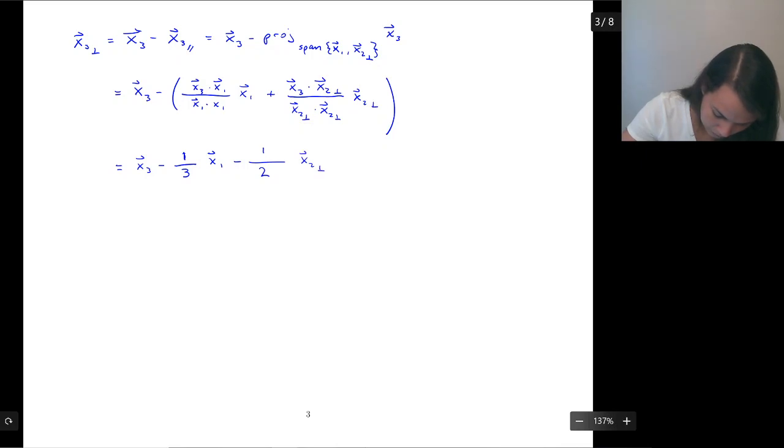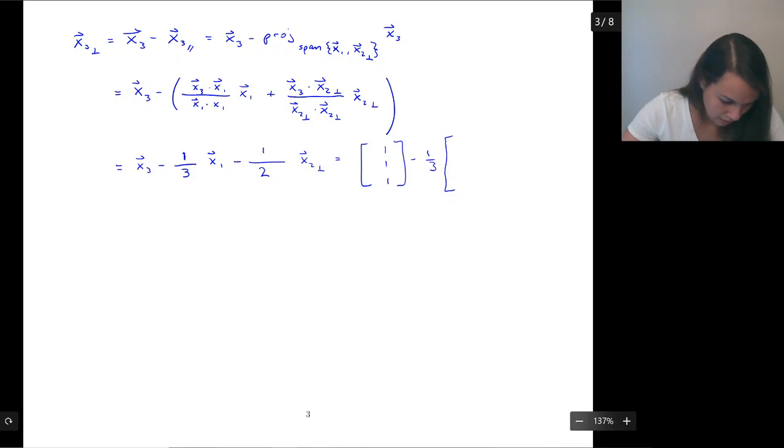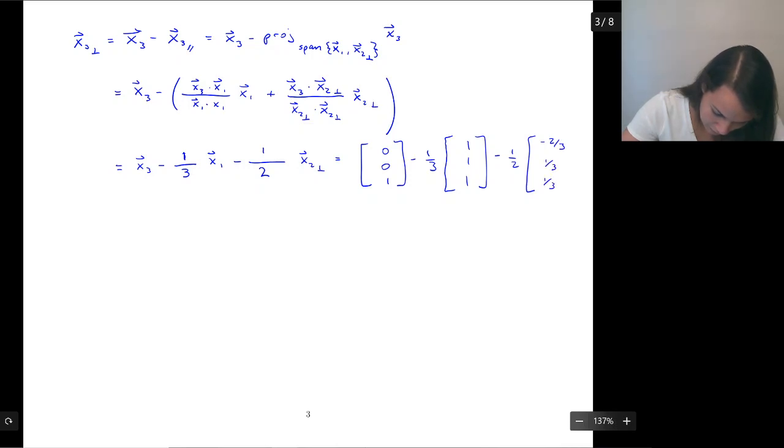x2 perp is equal to, and then that's going to look like 1, 1, 1 minus 1/3, and then, no, x3 is 0, 0, 1. x1 was 1, 1, 1. There we go. Minus a half, and then that's negative 2/3, 1/3, 1/3.